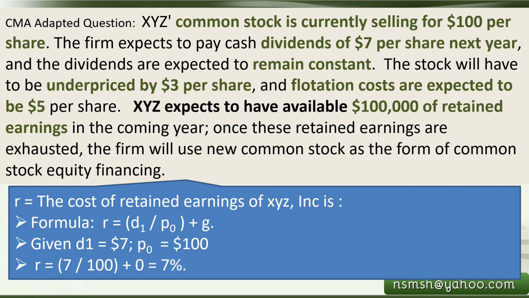So you take the dividend as $7, and the price for the retained earnings also, so you take the P0 value as $100. So it becomes 7%.